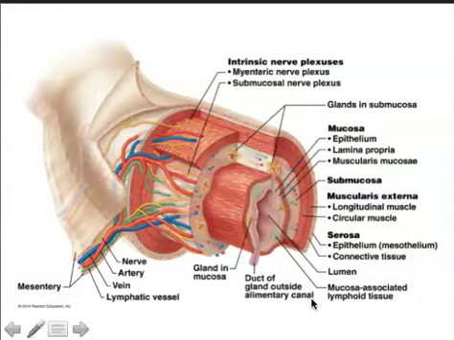So if we start here with the lumen, that's just the hole through which the food moves. And then this superficial layer is called the mucosa, okay, and it's made up of an epithelial layer. Remember that epithelial tissue tends to line the inside and outside of organs, as well as the surfaces of your body. Has very little extracellular matrix.